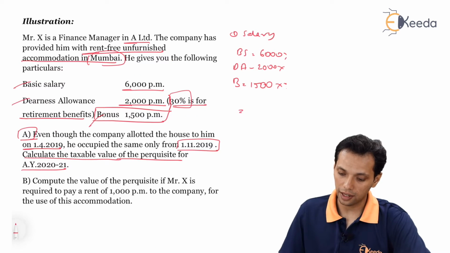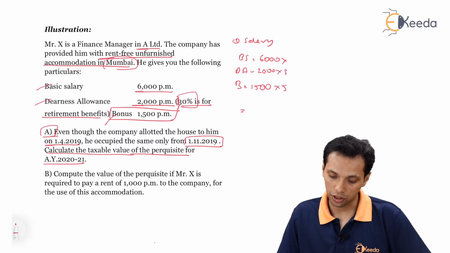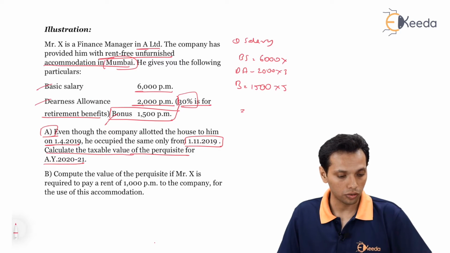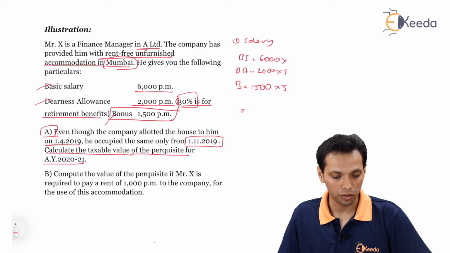So the total salary would be 6000 into 5, 30,000, 2000 into 30% into 5, which is 3000, 1500 into 5, 7500.